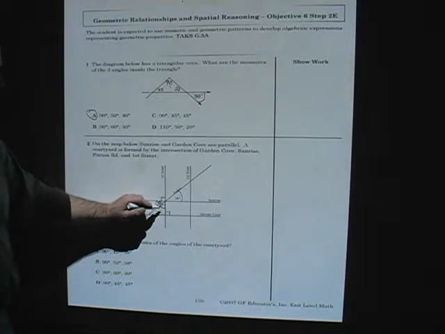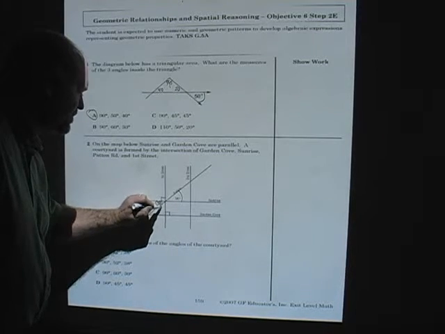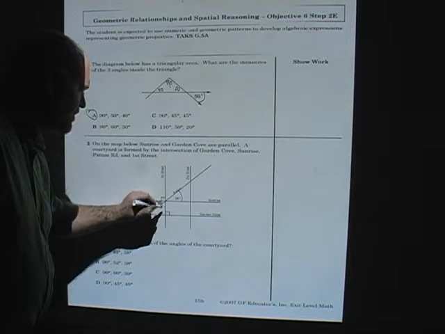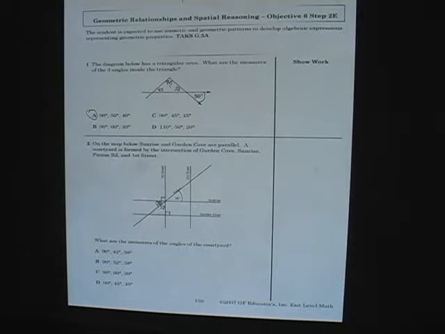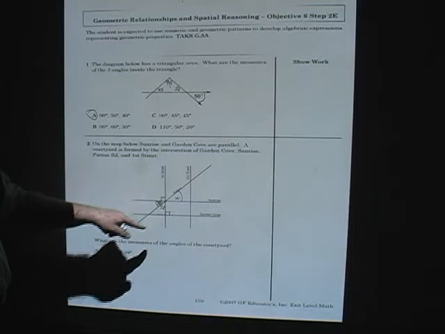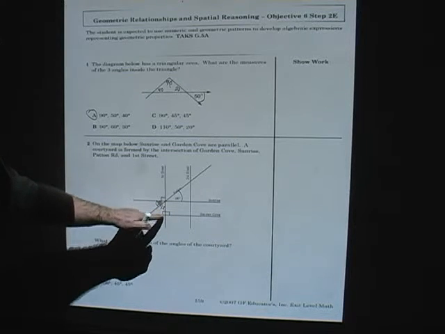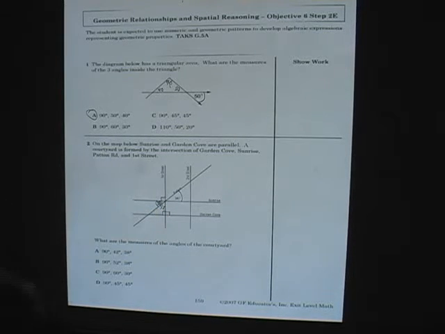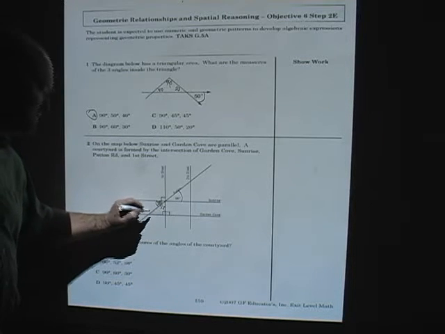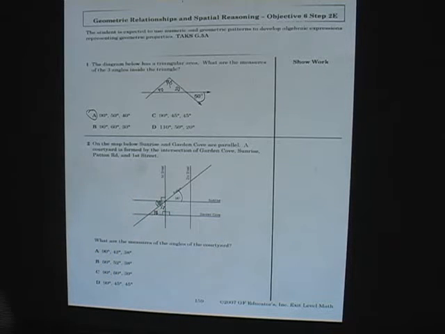They're complementary. So 38 plus 52 equals 90. So that angle is 52. That's one of the angles in our courtyard. This one is obviously 90. So 52, 90, and then this one has to be 38, so that the angles of the triangle add up to 180. So 52, 38, 90.